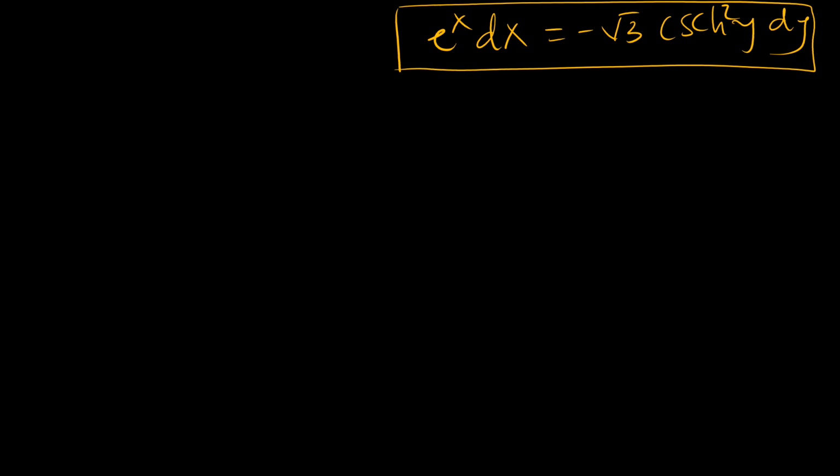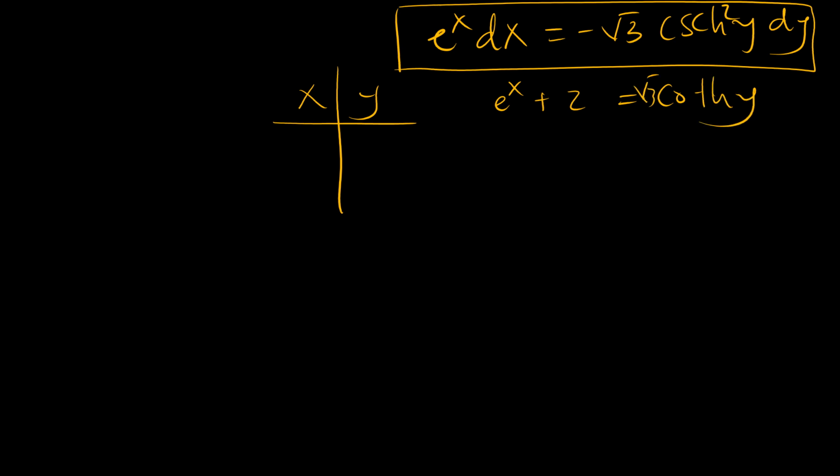Important. Now let's look at the limits, right? So we are moving from the x to the y. And mark you, we said e to the power x plus 2 equals root 3 hyperbolic cotangent y.